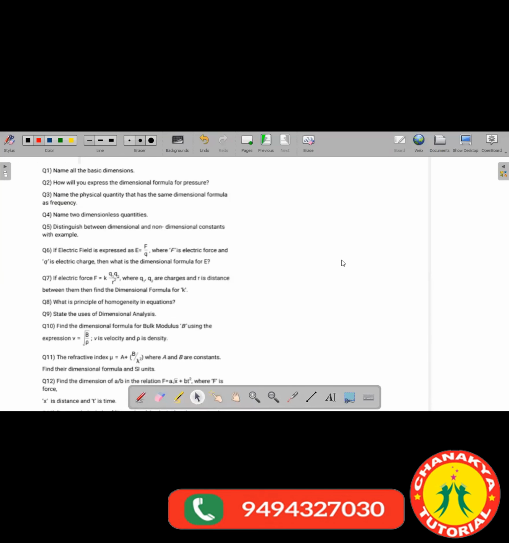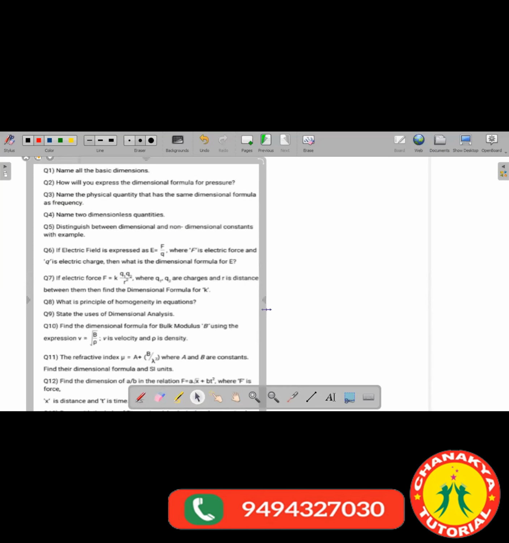Here I am focused on question number 6. See? It says the electric field is expressed as E equals F by Q, where F is electric force and Q is electric charge. Then what is the dimensional formula for E?